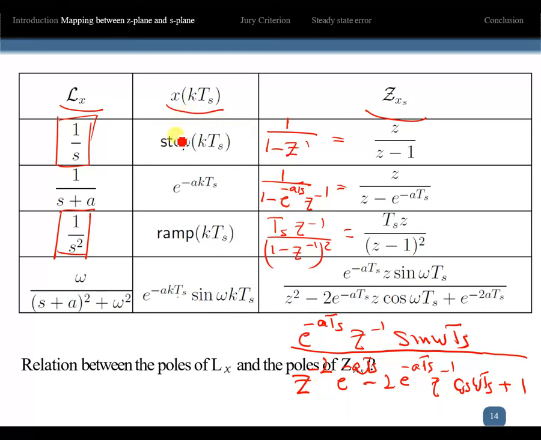This is the table for the Z transform and the Laplace domain.